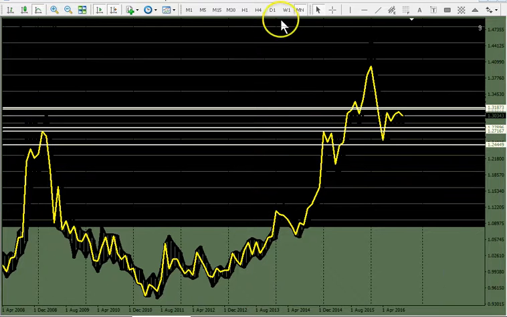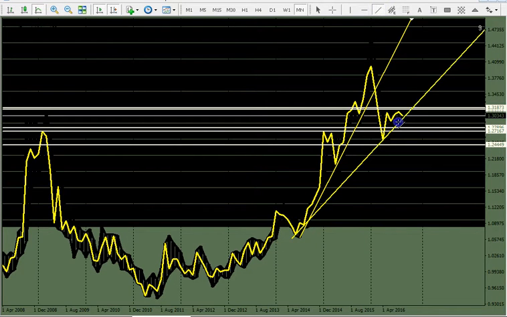There's the monthly. And here is the big saucer bottom here. So here's the trend line that's been broken. If you are a bear, you're like, it's over. Here's the trend line that's holding on the monthly, and you're about to test that.